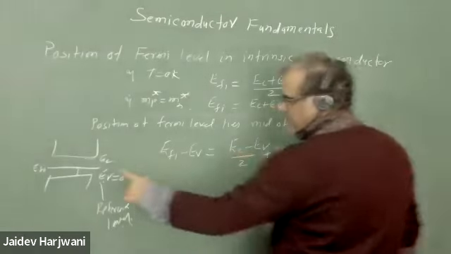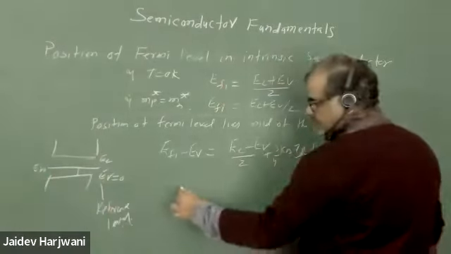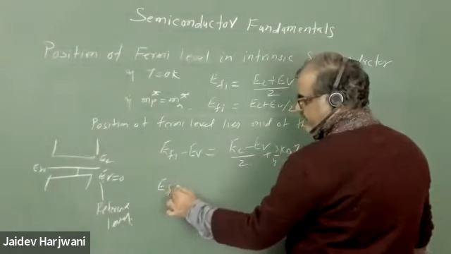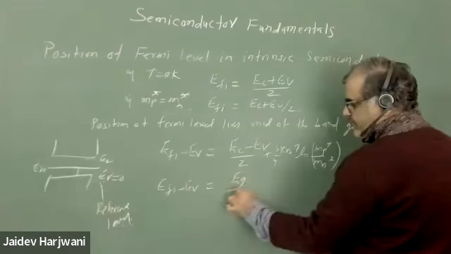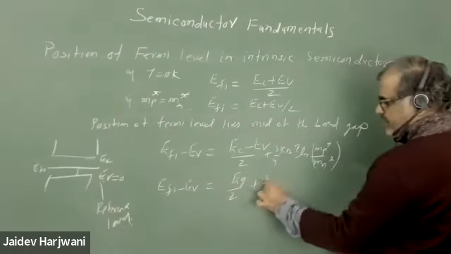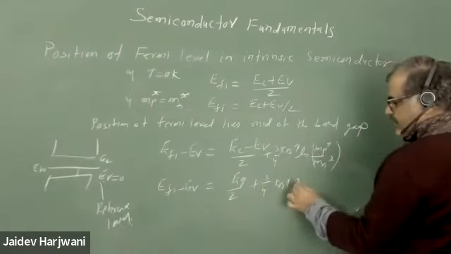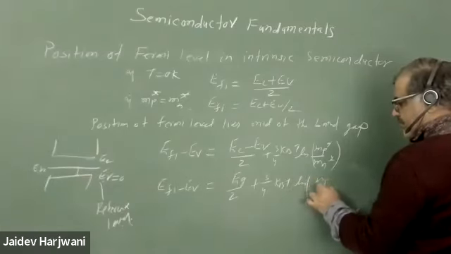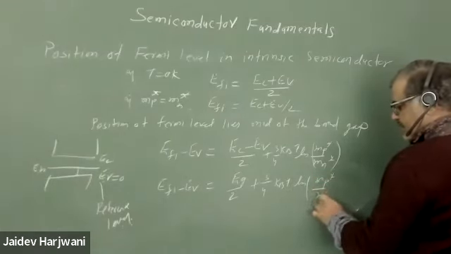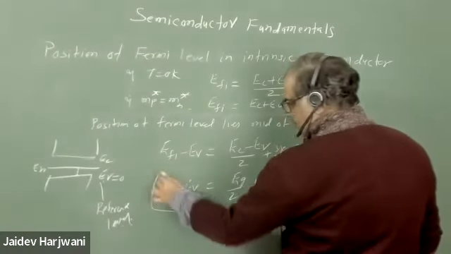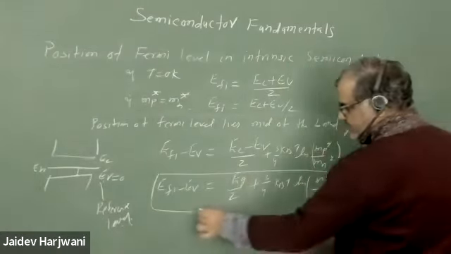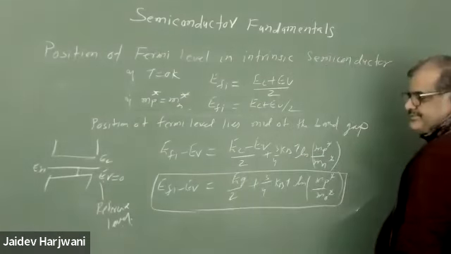EC minus EV is your band gap. So you can also say my EFi minus EV is equal to Eg by 2 plus 3/4 kBT ln MP star upon Mn star. This is the position of the Fermi level with respect to your valence band.